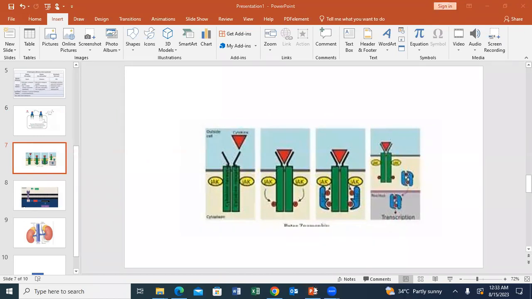It is not autophosphorylation. But what happens is, as soon as the hormone attaches, a JAK is activated, right? This enzyme is activated, and via the JAK STAT pathway, this enzyme ultimately leads to the phosphorylation of tyrosine. So in both of these surface receptors, there is phosphorylation of tyrosine, but in case of insulin, it was autophosphorylation. In case of JAK STAT pathway, there is phosphorylation via JAK, right?